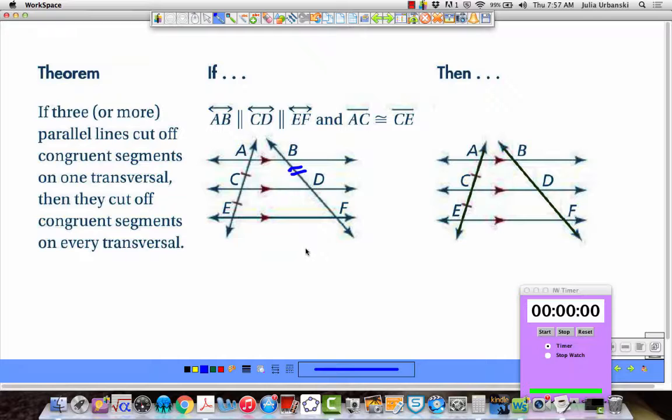BD is going to be equal to DF. That's all they're saying. Then BD is congruent to DF. If the lines are parallel and one transversal is already cut up equally, then all transversals will be cut up equally. You can write this right there. This is on the bottom of the next page, if you didn't find it.